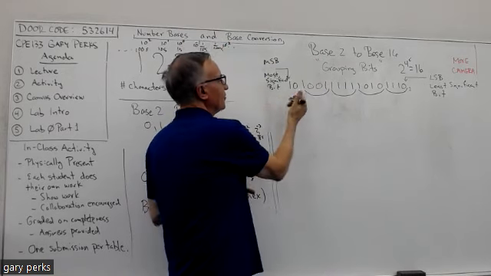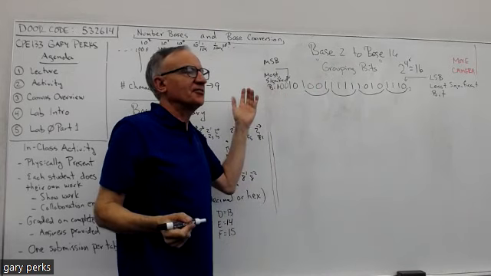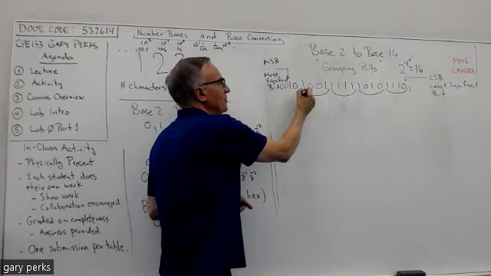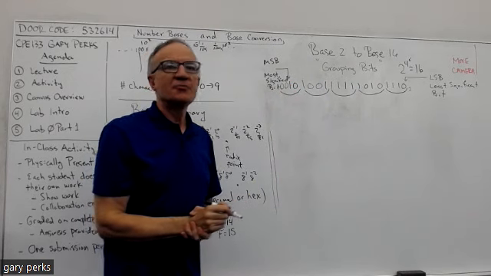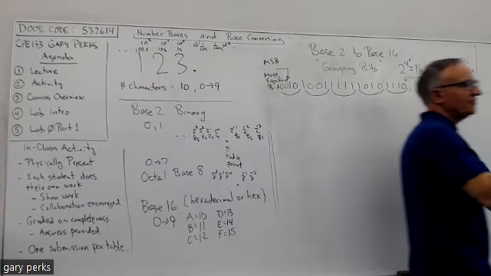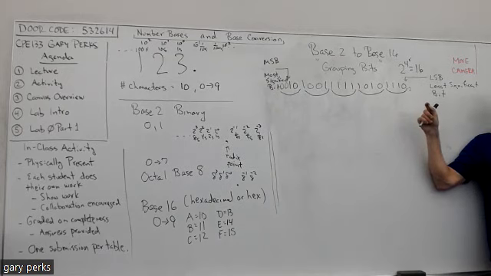But as we talked about earlier, if you add zeros to the left, you're not going to change the value. So we just add 2 zeros here to make this a group of four. So you group the bits in fours, and then you write each 4-bit binary group as a hexadecimal character.